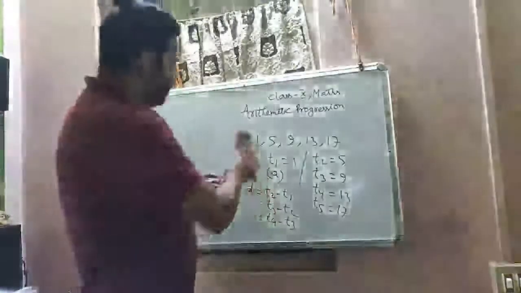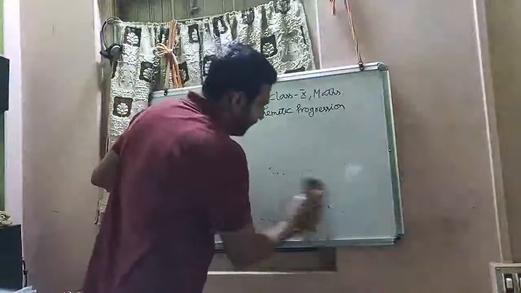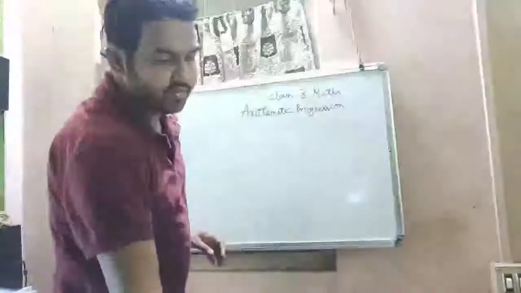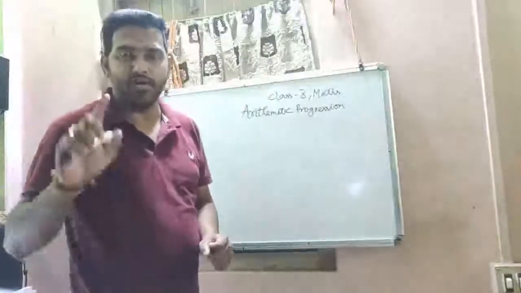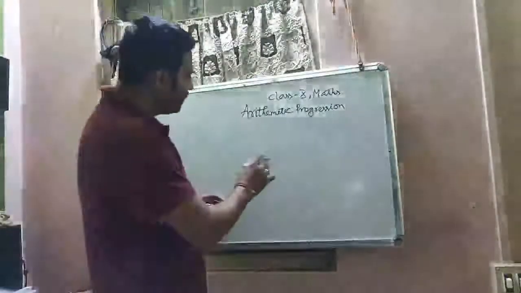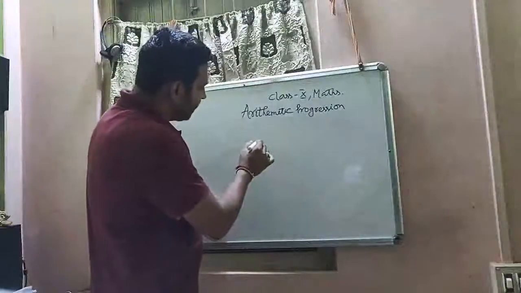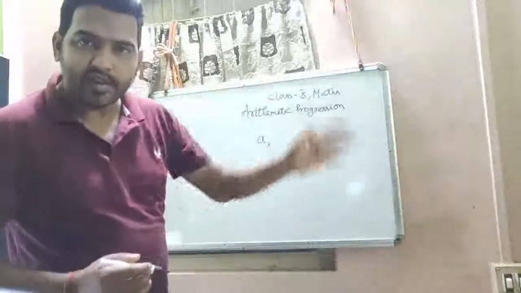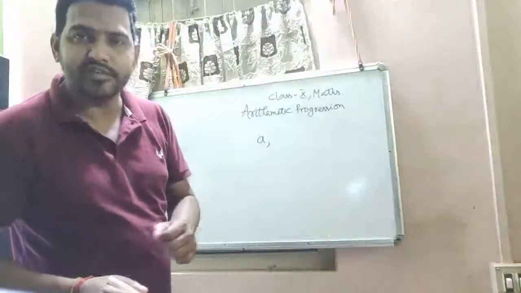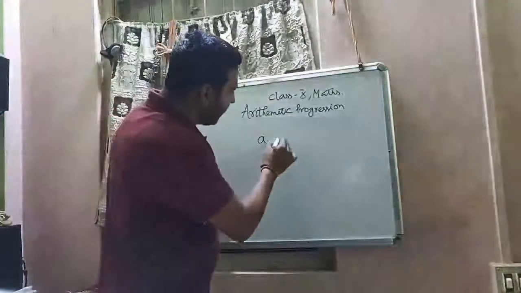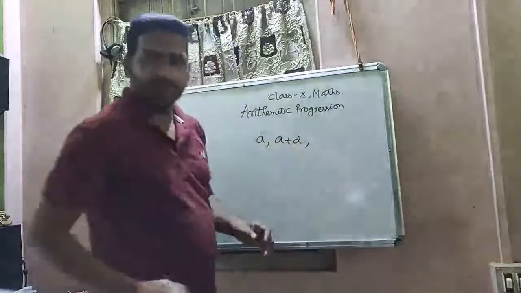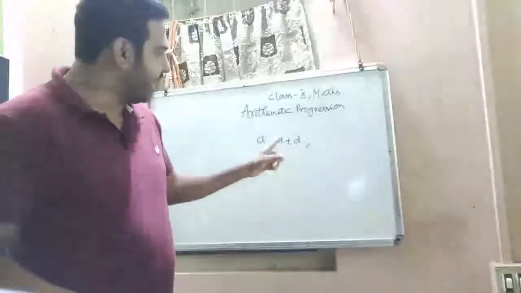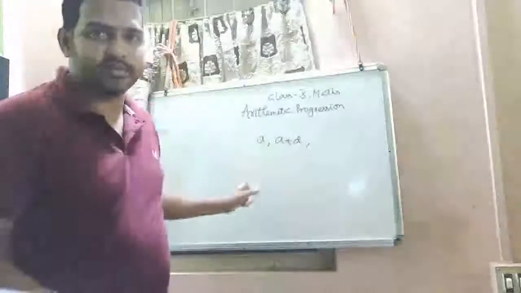Okay, so now let me write in other way so that we can form the first formula of AP. So see, if the first number is written as A, how to write the second number? As we know, the difference is D. So can I write A plus D? Is it? Because the second number is D more than the first one.